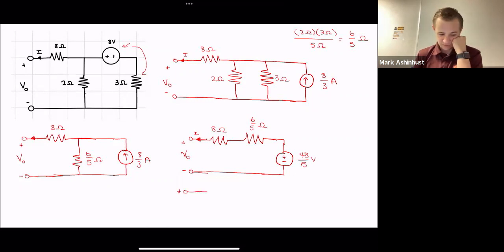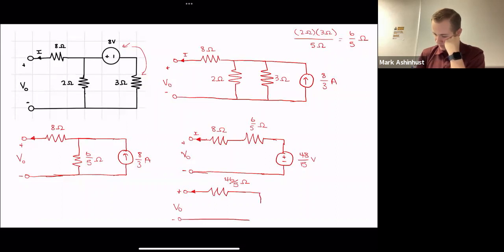which equivalent circuit? It's one of the two, Thevenin and Norton. You're thinking this is our Thevenin equivalent.